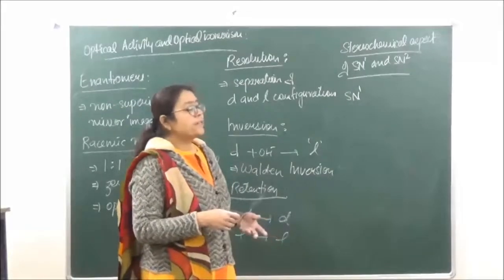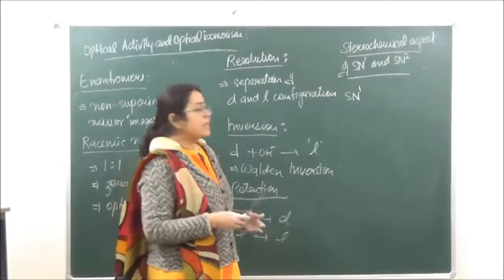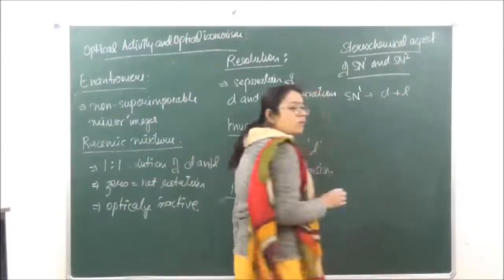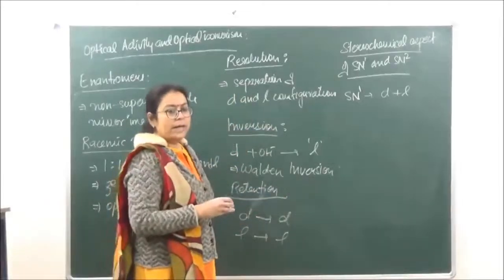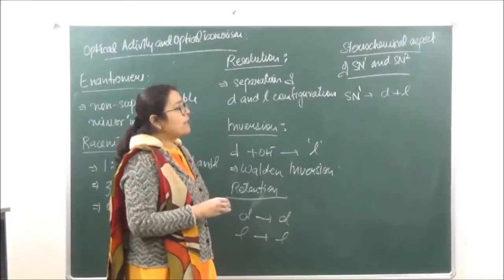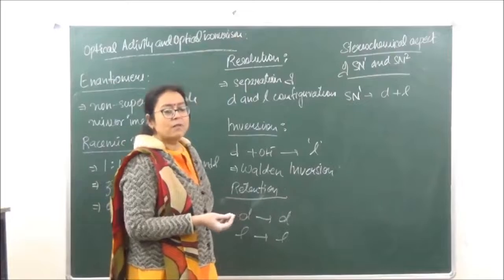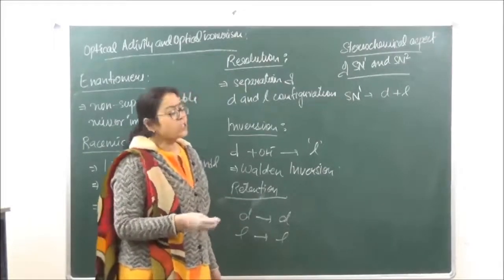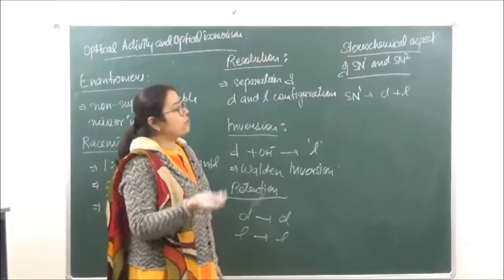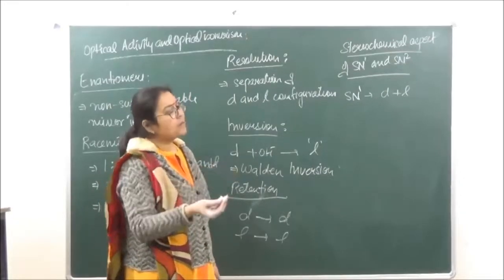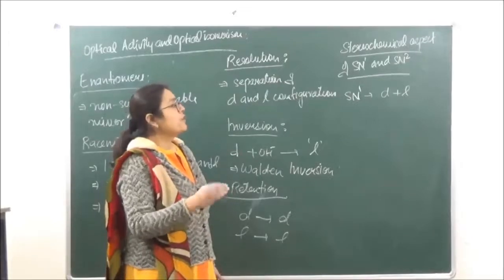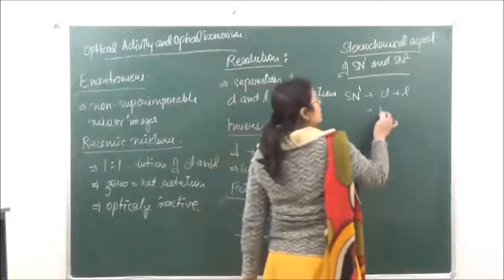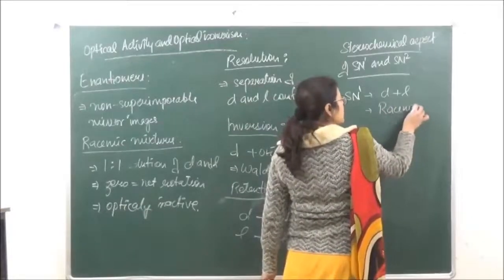Now over here there is always a possibility that after the reaction both D and L forms are formed, because the incoming nucleophile is free to attack from the rear side or the front side, any of the sides. It has no steric hindrance whatsoever. So it can attack from the forward direction, and it can also attack from the backward direction. So we get both D plus L, and mostly what we get over here is a racemic mixture.